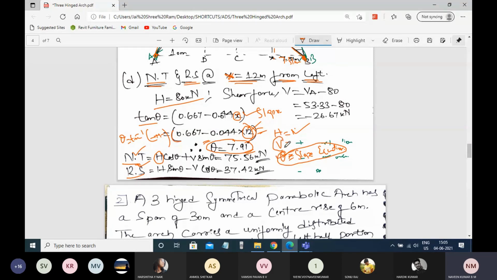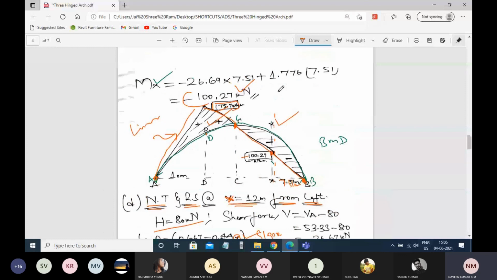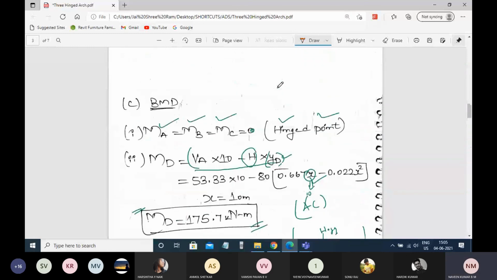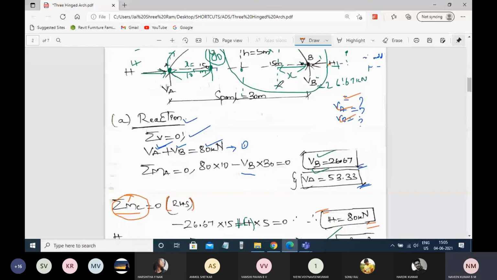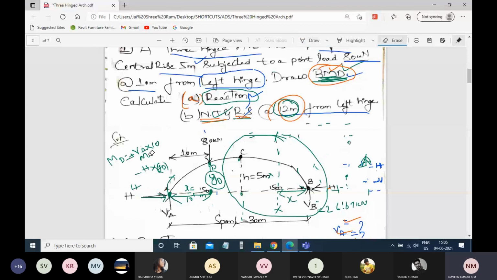Next is V. Don't consider V as VA plus VB, that is wrong, understood? V here is shear force. So what are the forces acting up to 12 meter? That you need to consider. Let me go to the figure.